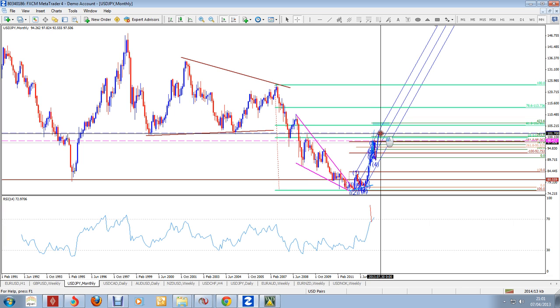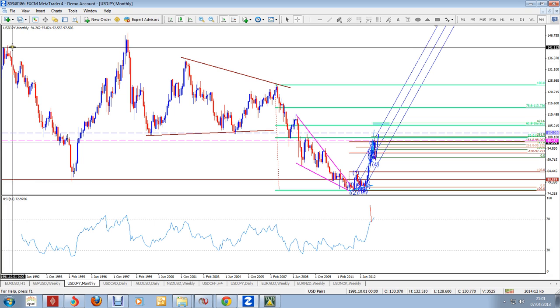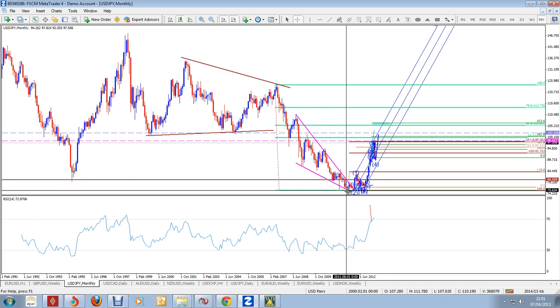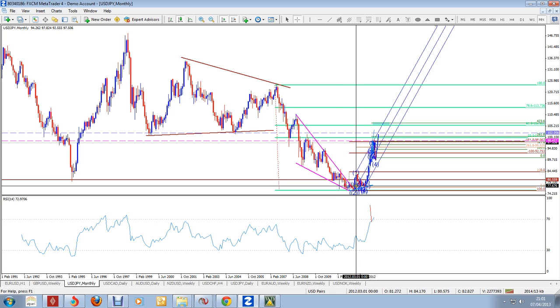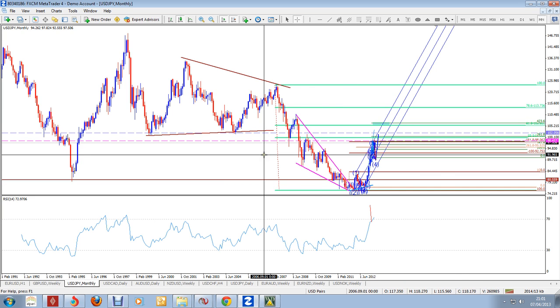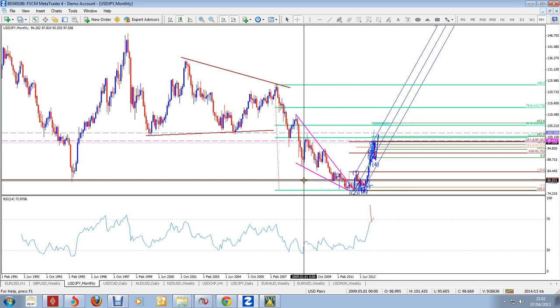But what I'm also trying to point out is this has come down a long way in the process of bottoming here. So now we are going to have nothing else but an A, B, C kind of move to the upside, and we are currently forming a wave A, which is the very impulsive part, a 5-wave move.